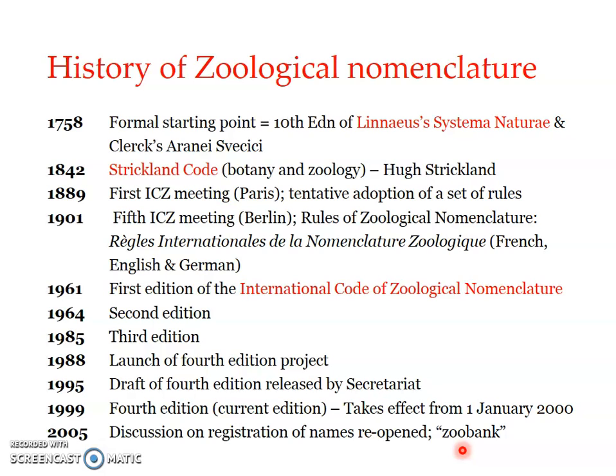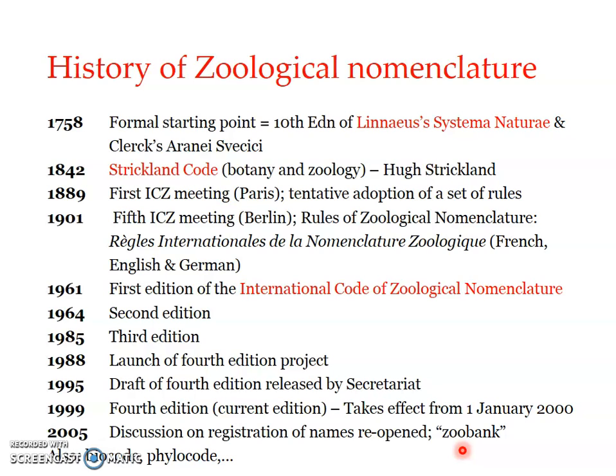Okay, type specimen means when a scientist gives a name for a particular animal or a particular species, the first time a name is given, that particular species is studied in detail with respect to every aspect, and that specimen becomes the type for that particular species. Okay, I hope it is clear.